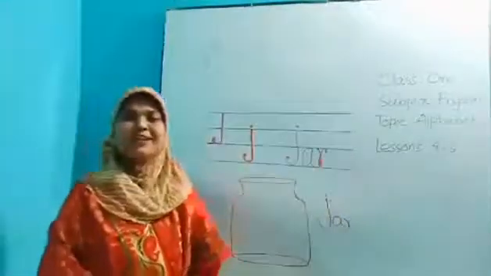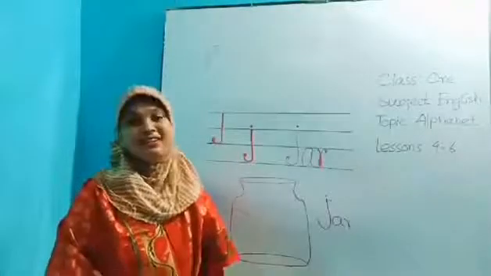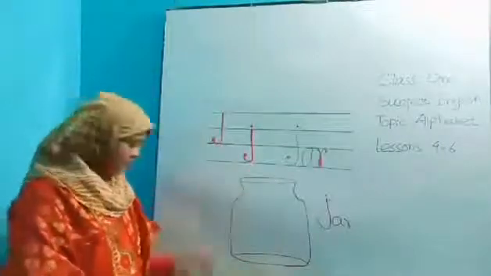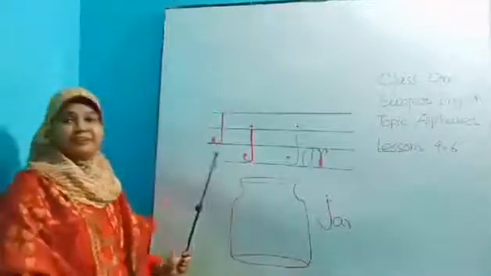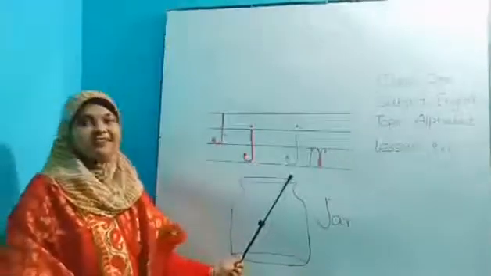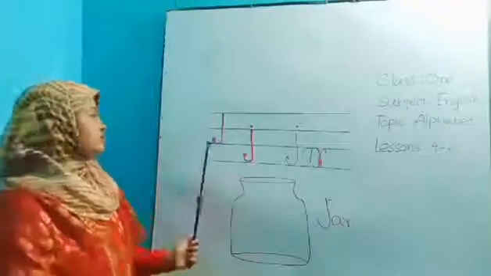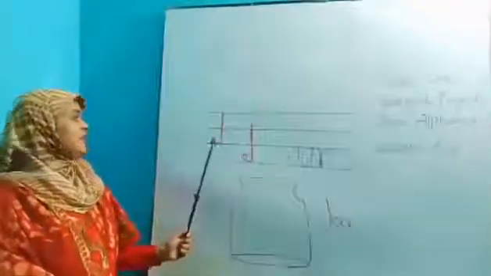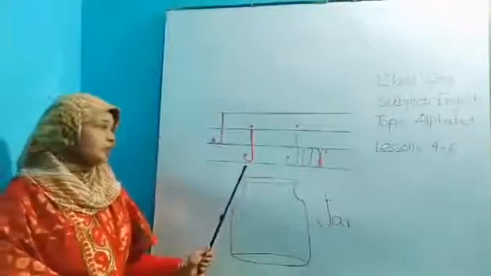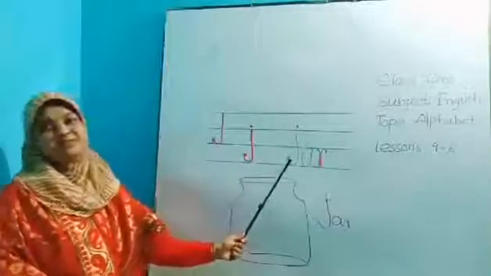My dear students, today we have learned the alphabet, particularly the letter J. Capital letter J and small letter J, the word J for jar and the picture jar. Today we have learned how to write capital letter J and small letter J and the word J for jar.